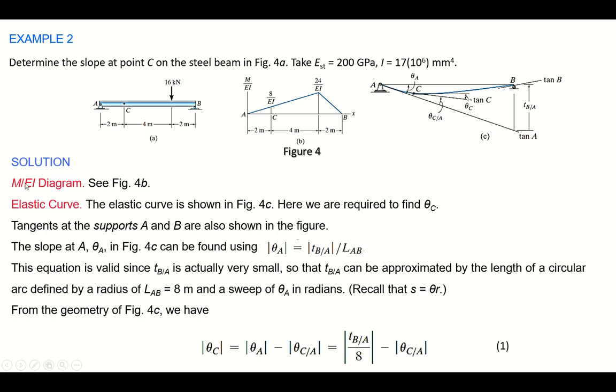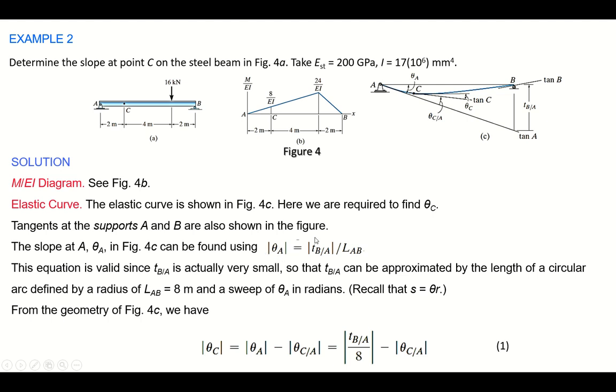So step number 1 is to draw the bending moment diagram with M over EI. Done. Elastic curve. The elastic curve is shown in figure 4c, right? Here we are required to find theta C. This theta C is required. Tangents at the supports A and B are also shown. This is tangent at A and this is tangent at B. The slope at A, which is this theta A, the slope between tangent at A and the horizontal, can be found using this equation.